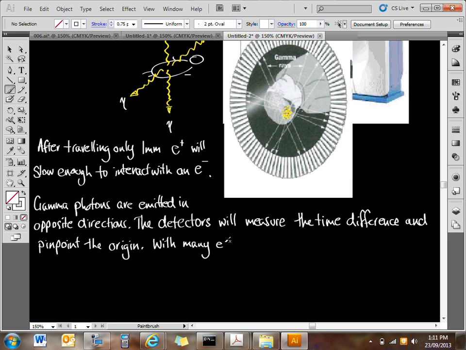With many emissions, a picture of the tissue of interest is formed.